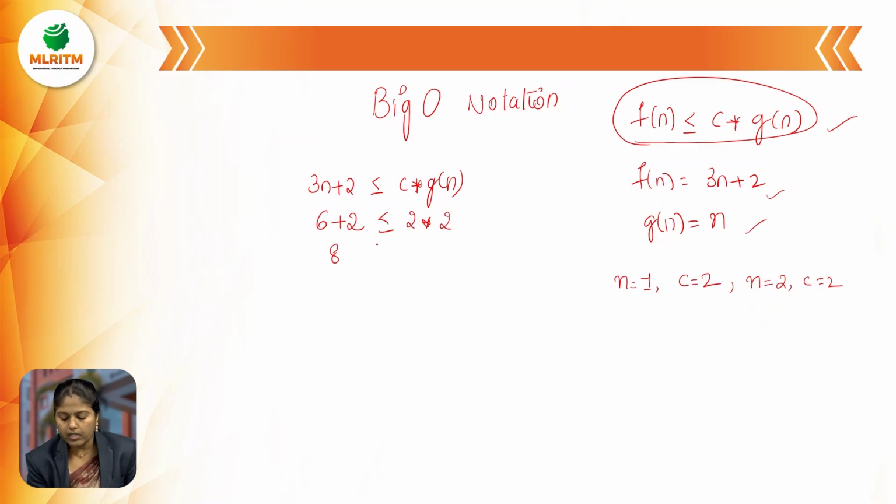That is 8 less than or equal to 4. This is also false. Here there are two symbols, less than and equal, and we have to check which condition is satisfied. This is for the equation for big O of n.